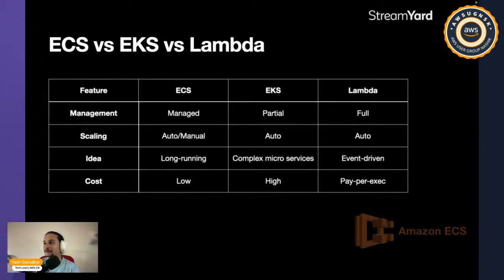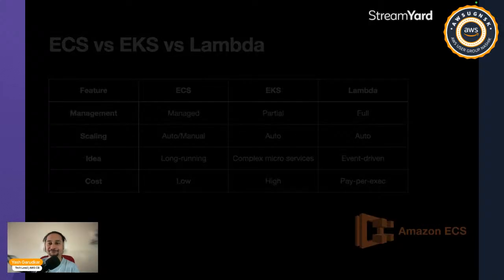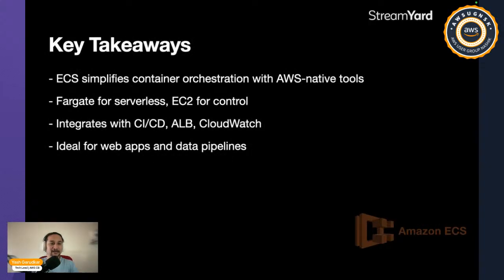I think we are towards the end of our session today. But yeah, I do have a couple of slides to go. Key takeaways from today's session: ECS simplifies your container orchestration with AWS native tools. What it means basically is all you have to do is containerize your application, and the orchestration part is done with AWS native tools. What are these AWS native tools?